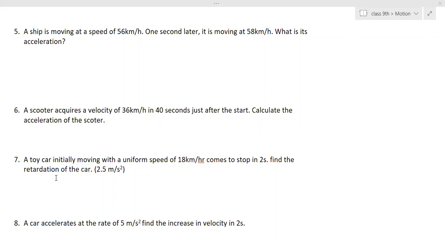Everyone got the answer? Seventh one. Rupika, you got the answer? Ma'am, I'm still solving. Sixth one you got? Yes, ma'am. Okay.